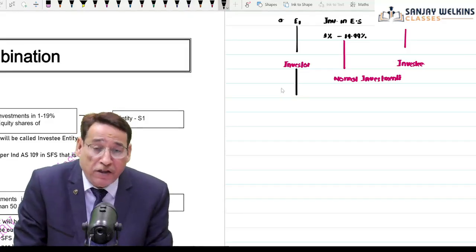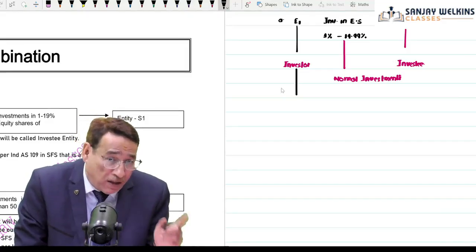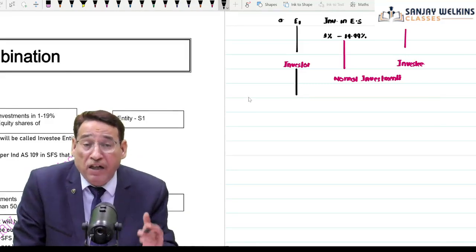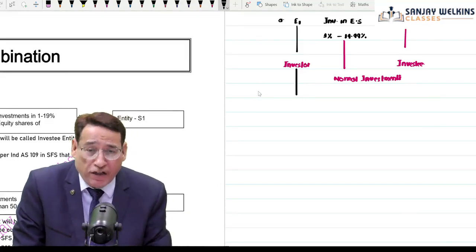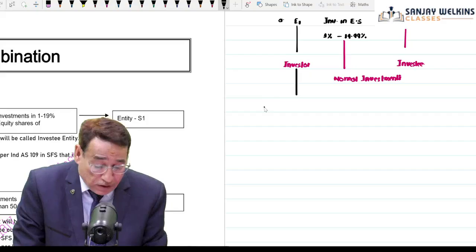So the investor entity will account its investment in the investee entity in its individual balance sheet, in its separate financial statement. This is the point which you need to understand.